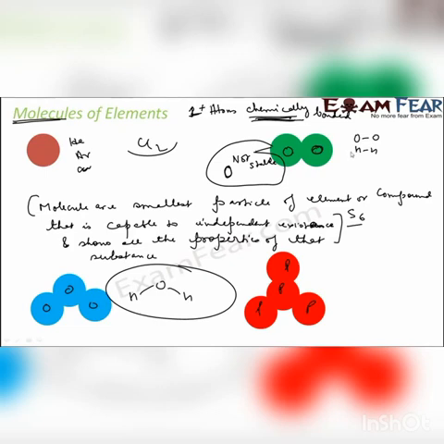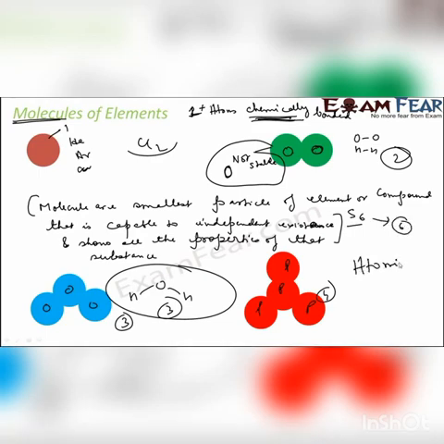The number of atoms in a molecule is called atomicity. For example, in this case atomicity is 1, in this case there are 2 atoms, atomicity is 2, in this case 3 atoms, atomicity 3, here also 3, here 4, and sulfur has 6 atoms, atomicity 6. So atomicity is nothing but the number of atoms in a molecule. It can be monoatomic, for example helium, argon, copper, because they have only one atom.